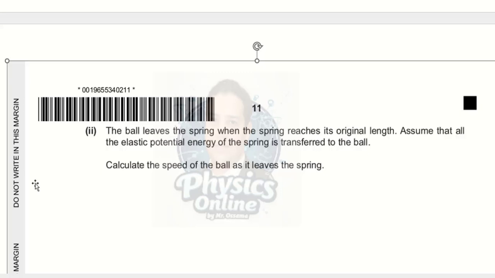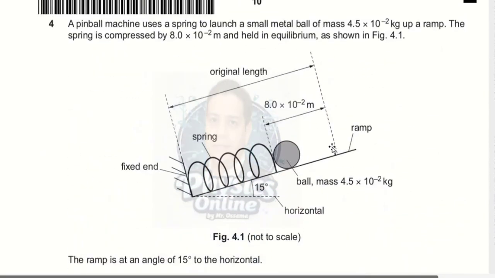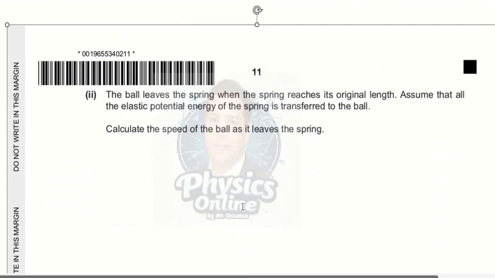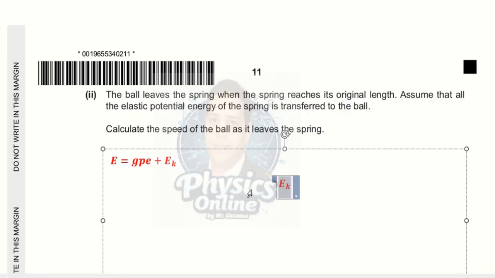When the spring is released, the elastic potential energy changes into gravitational potential energy to raise the ball up, and into kinetic energy. So the elastic potential energy equals the gravitational potential energy plus the kinetic energy, and the kinetic energy equals the elastic potential energy minus the gravitational potential energy.